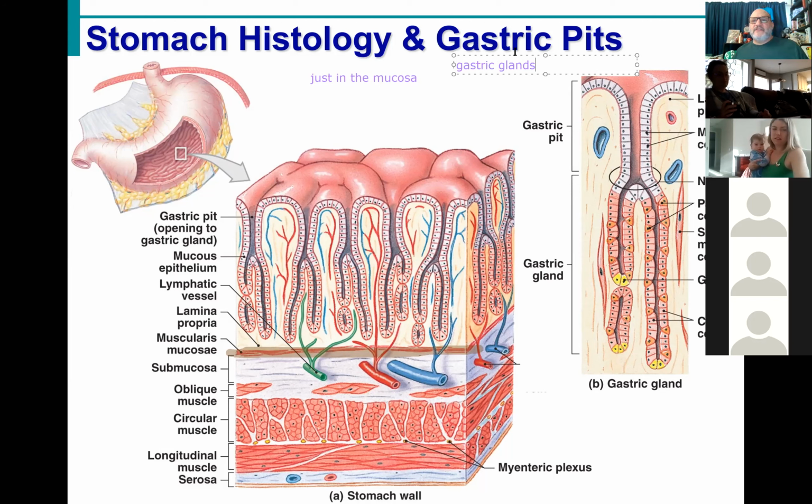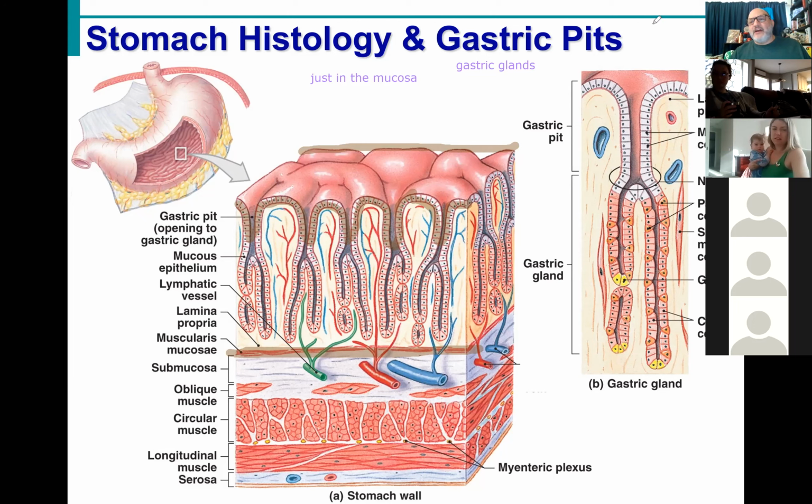Notice the surface of the stomach, the surface of the mucosa of the stomach, is not smooth. There are these massive invaginations, and these massive invaginations are called the gastric pits. However, notice these pits aren't just hollow at the bottom.